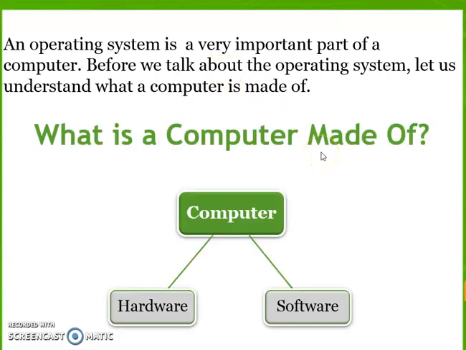So, what is a computer made of? Basically, a computer is made of two things. One is hardware, which is your mouse, your CPU, your keyboard, your monitor, and your input-output devices. And software. Software means your operating system and a lot of software which is used in your computer.